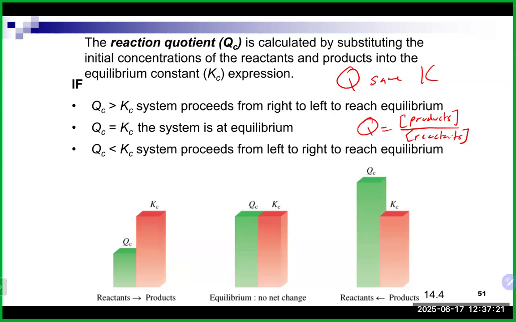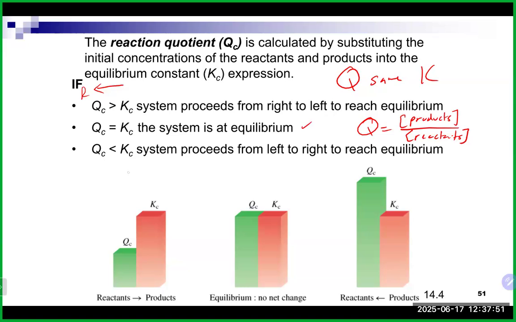If you calculate Q and it is greater than the K value, then the reaction is not at equilibrium. In order for it to reach equilibrium, it goes the opposite way of where the sign is pointing. It goes towards the reactant side, so you need to make more reactants. If you calculate Q and it equals the equilibrium constant value, congratulations, you're at equilibrium, and that's the goal.